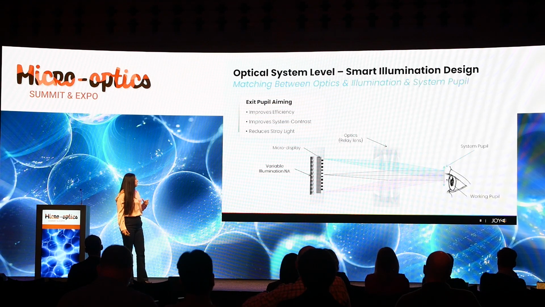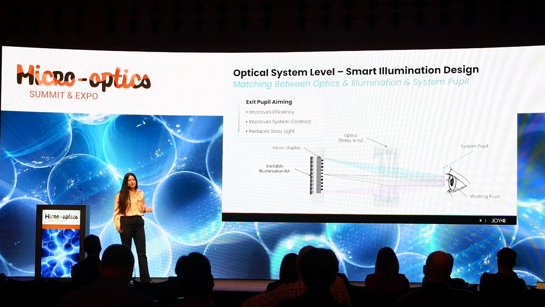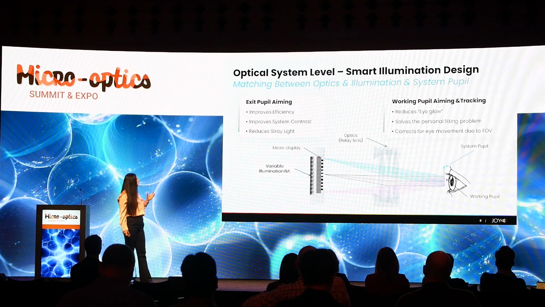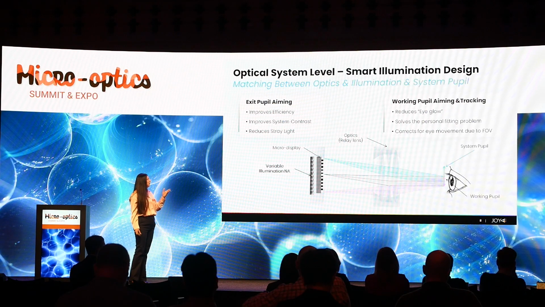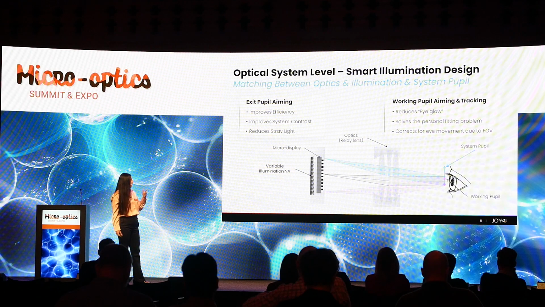We can use eye tracking methods to follow the user's eye gaze and position. So in this case, we gain even more from this idea of working pupil aiming and tracking.